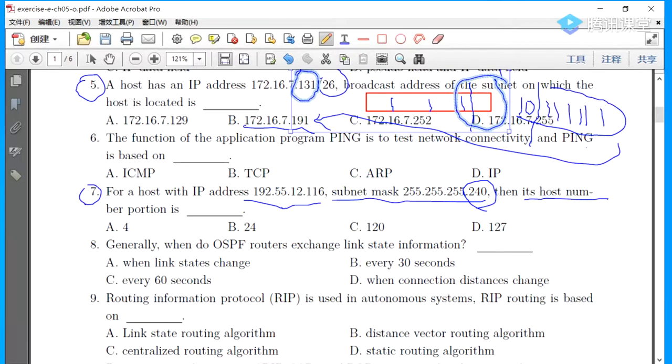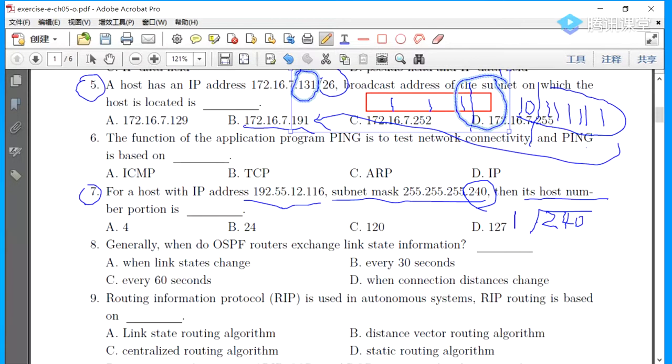Then we should determine what kind of binary notation 240 is. How to turn 240 to binary notation? We can use the division method.